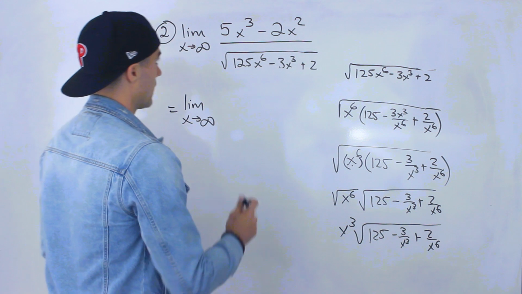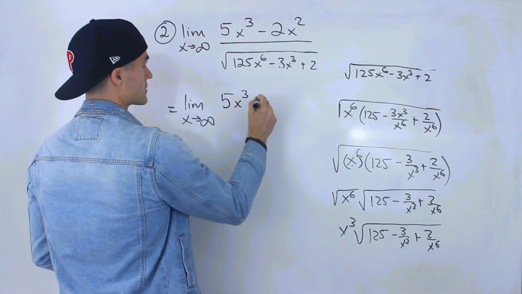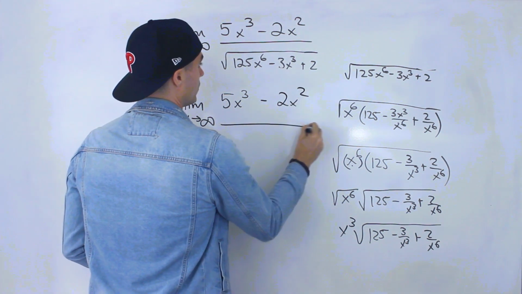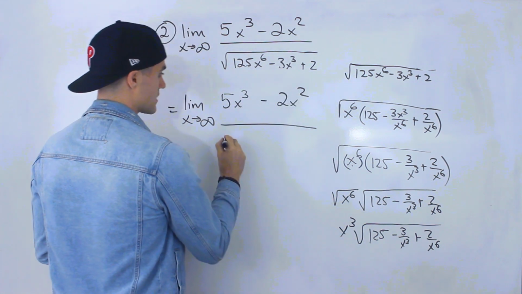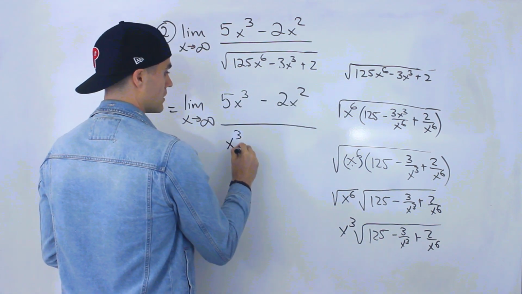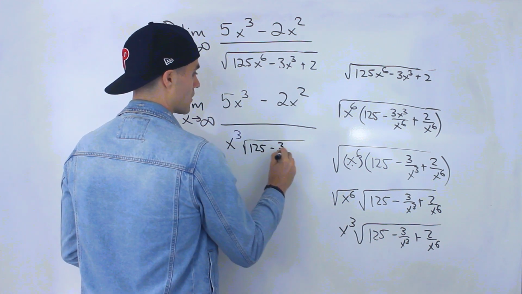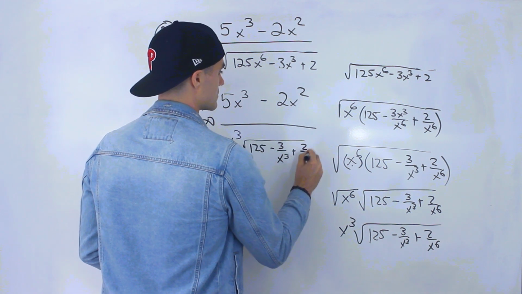So what we want to do now is rewrite that numerator. We've got 5x to the 3 minus 2x squared, and we're going to put it all over, instead of writing this, I'm now going to write this here: x to the 3 times the square root of 125 minus 3 over x to the 3 plus 2 over x to the 6.